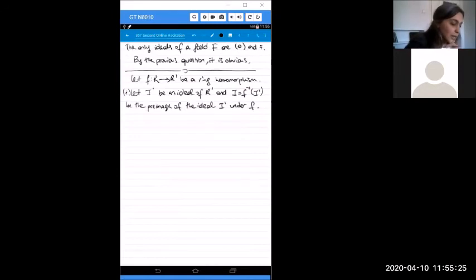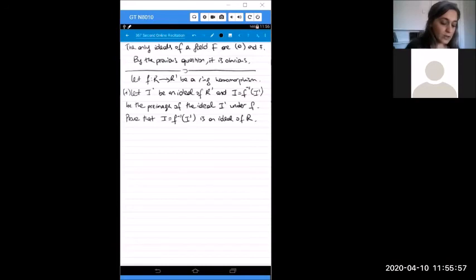Now our claim is that this preimage is an ideal of R. Prove that I, which is f inverse of I prime, is an ideal of R. Okay, we are going to show this one. Do you have any suggestions? Under the homomorphism, the preimage of an ideal is an ideal. Okay, we are going to show this one.